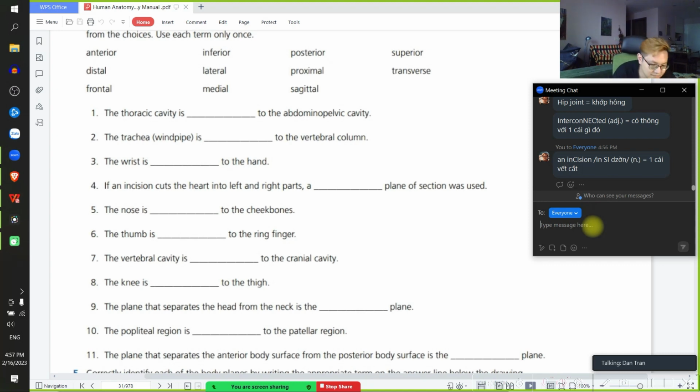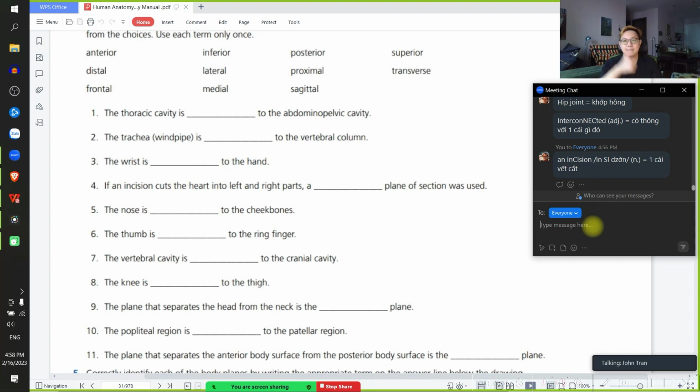I don't know the nose. Cheekbone. I think maybe the nose is medial to the cheekbone. Nó nằm ở giữa so với lại những cái xương má thì vậy, thì đúng hơn, I think medial. Yeah. Nhưng mà cũng thể nói là nó ở gần. Yeah. You can say proximal, but I don't think. But I think in this case it's medial to the cheekbone.